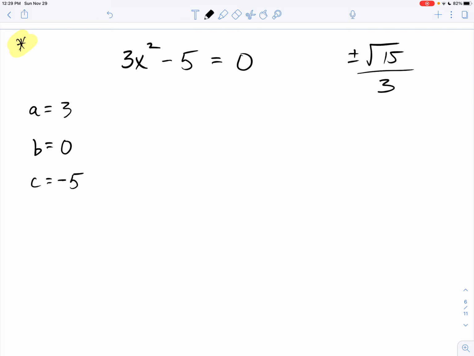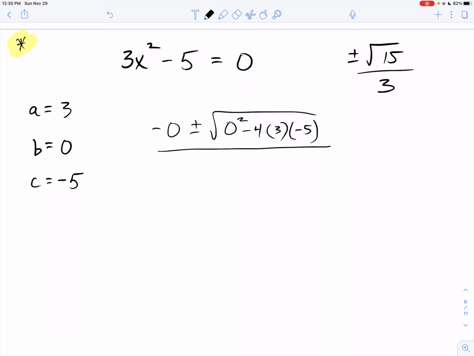But it is set equal to 0, so here we go. Let's rock and roll. I got negative nothing plus or minus square root of nothing squared minus 4 times a times c all over 2a, right? 2 times a is 6. So let's see, there's nothing here.